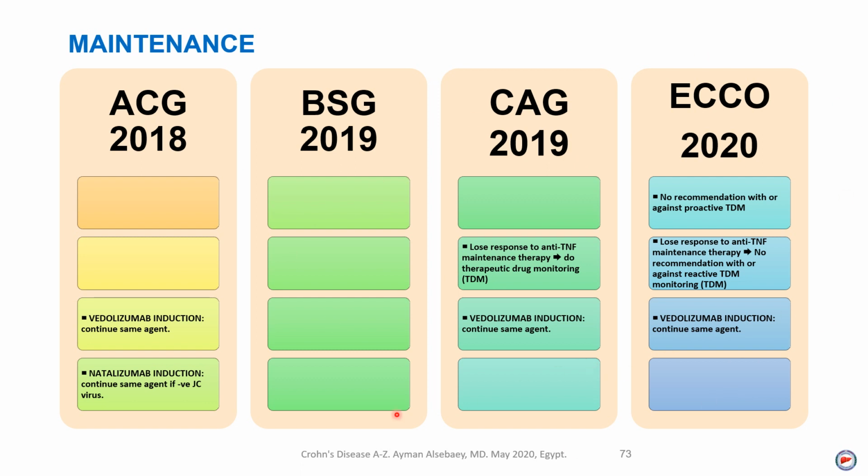Vedolizumab, of course, continue vedolizumab. And of course, in the ECCO, we will come to a very important point, which is therapeutic drug monitoring. Should we test the drug level in the blood to know if it lost efficacy or not? The only ones who discuss this point are the CAG and ECCO. CAG said if there is loss of response during therapy, you may use TDM to decide the plan.